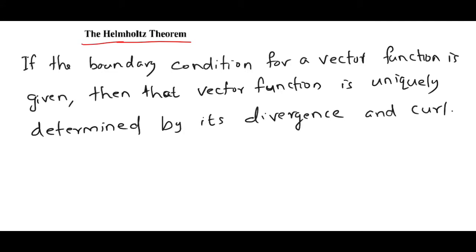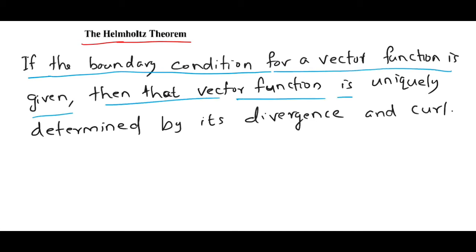The statement of the Helmholtz theorem is this one. If the boundary condition for a vector function is given, then that vector function is uniquely determined by its divergence and curl.